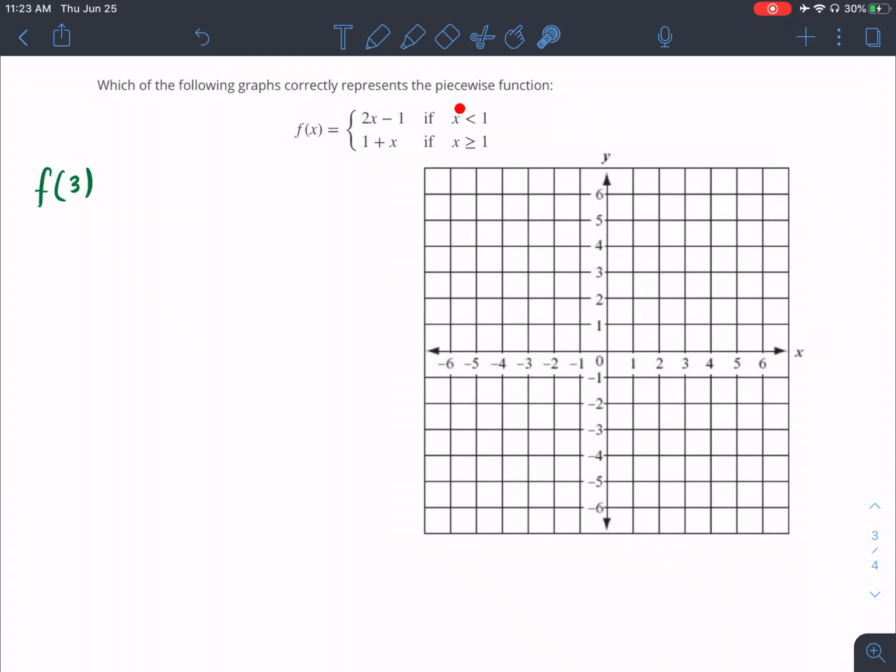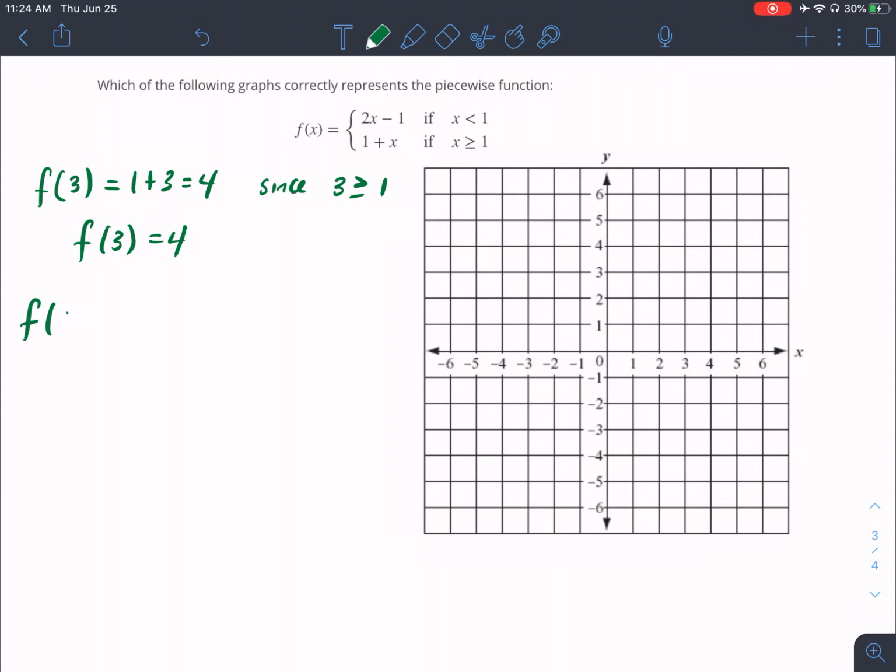But if I plug in an x value strictly less than 1, I'm going to use this linear function. And because 3 is greater than or equal to 1, I'm going to be plugging 3 into this linear function here. So that means I'm going to do 1 plus 3, which gives me 4, since I know that 3 is greater than or equal to 1. Okay? So that means that when you plug in 3, we output 4.